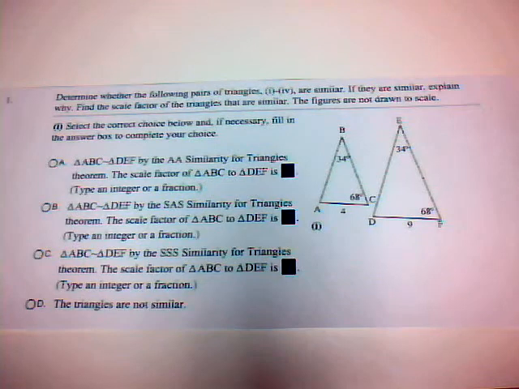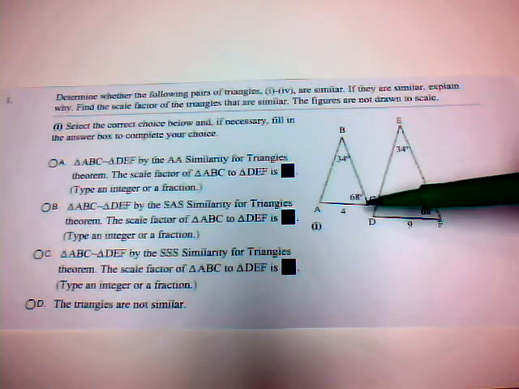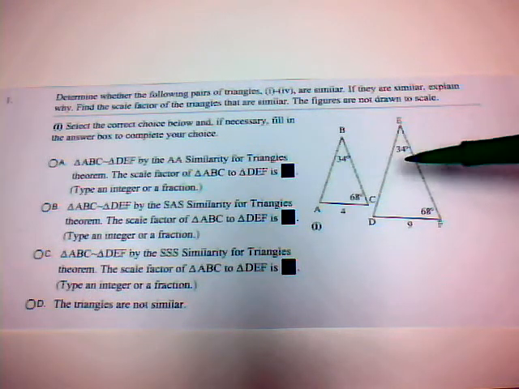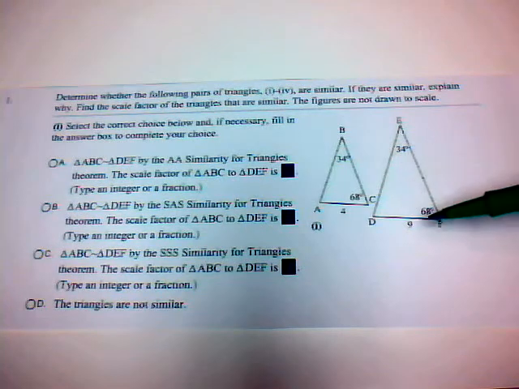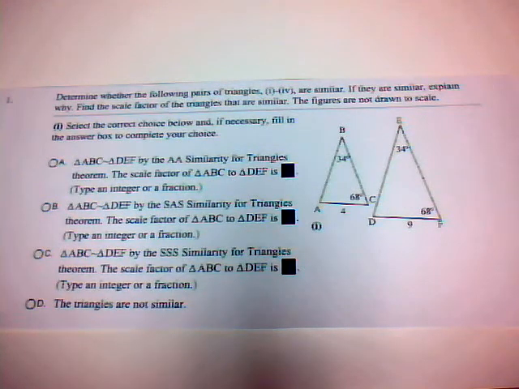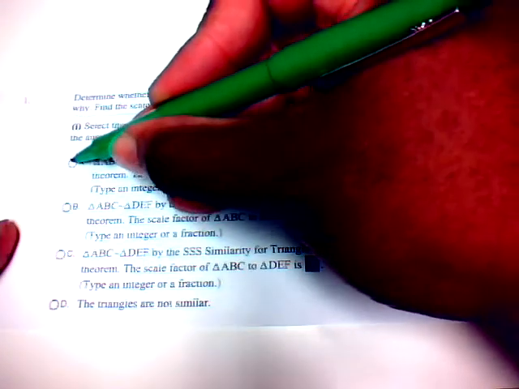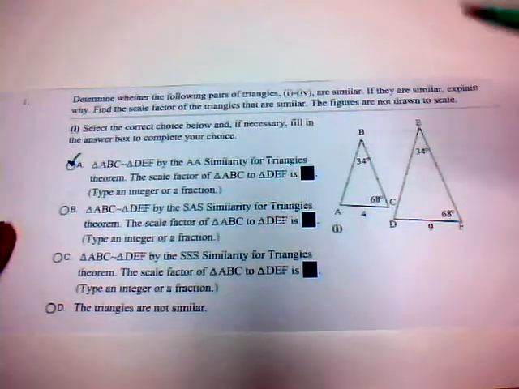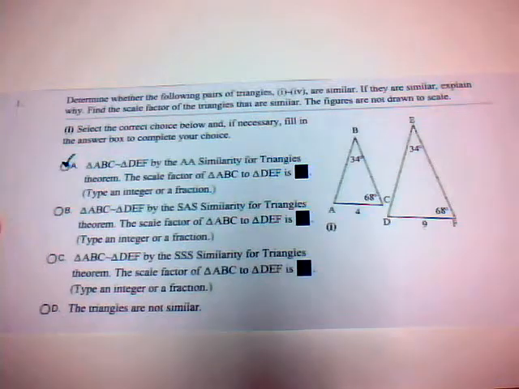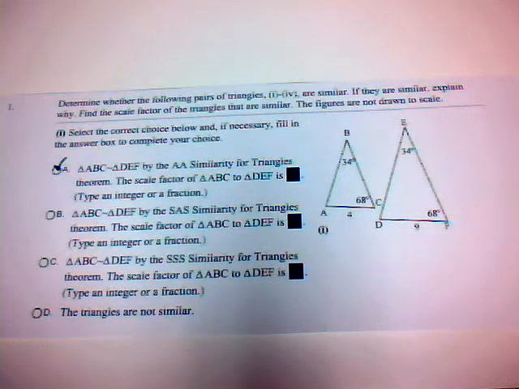There is a theorem that says if you have two angles of one triangle congruent respectively to two angles of another triangle, then those triangles are similar. In this case, it's the angle-angle similarity for triangles. So we have to choose the one that says angle-angle similarity. Triangle ABC is similar to triangle DEF by the AA similarity for triangles theorem.